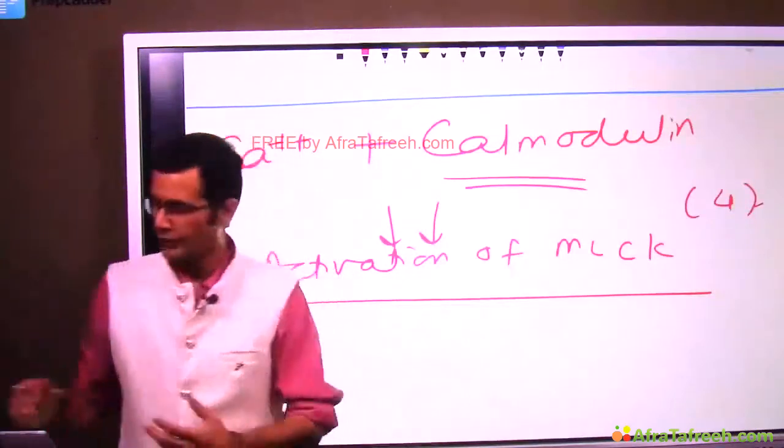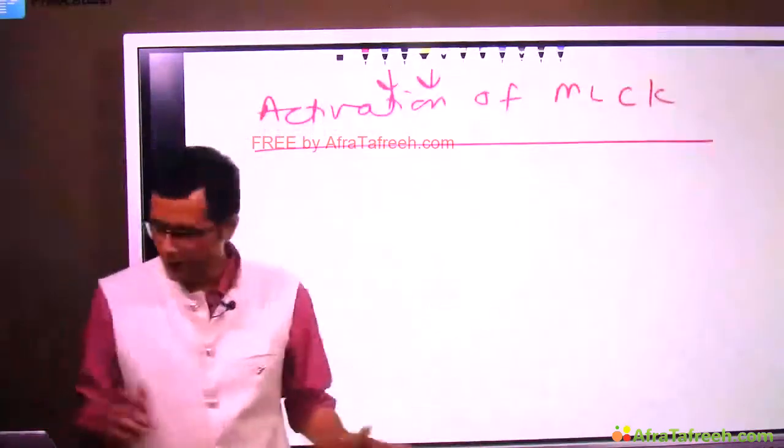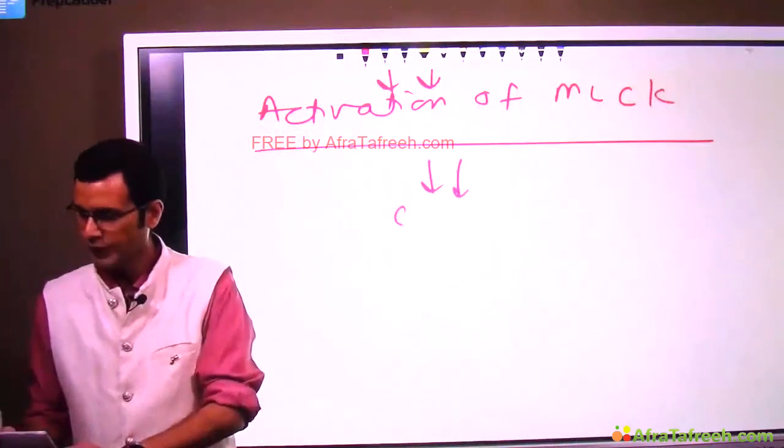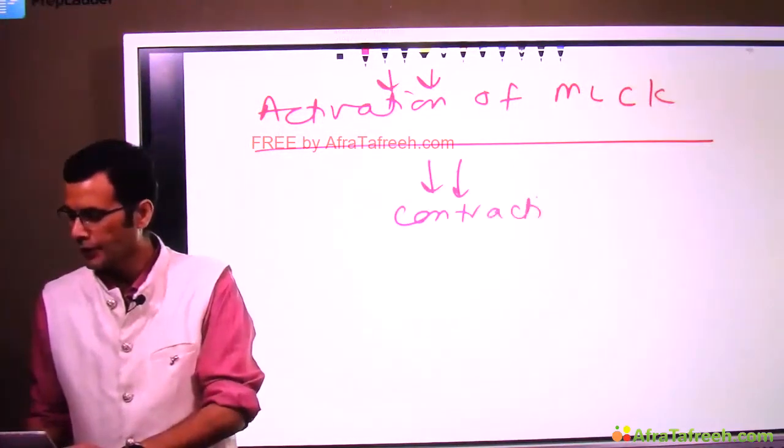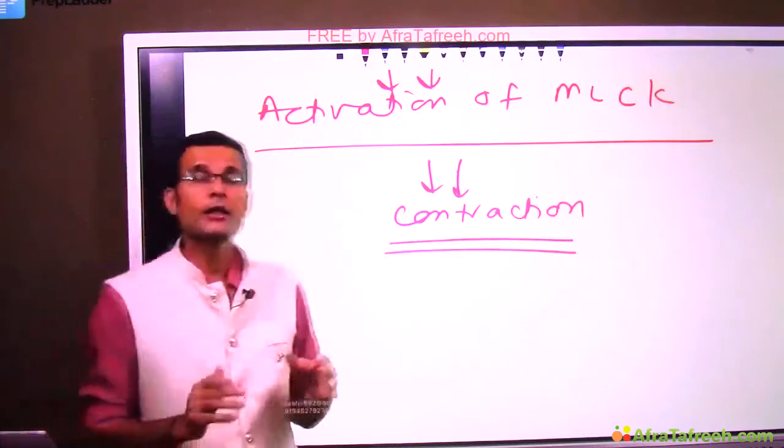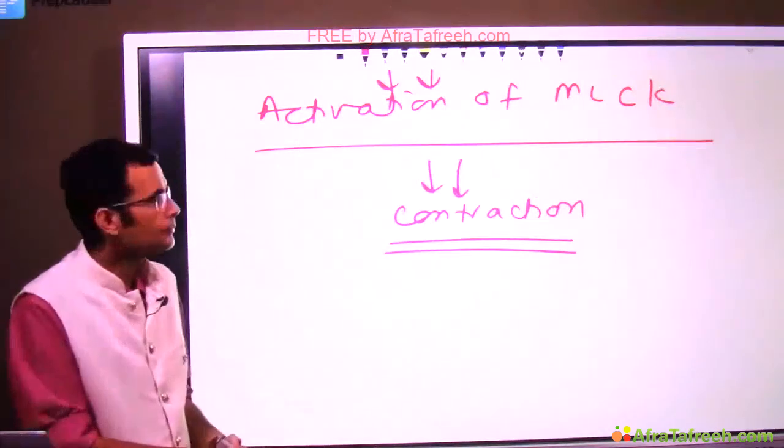And then once the myosin chains are activated, there will be actin-myosin interaction resulting in contraction of the smooth muscle.